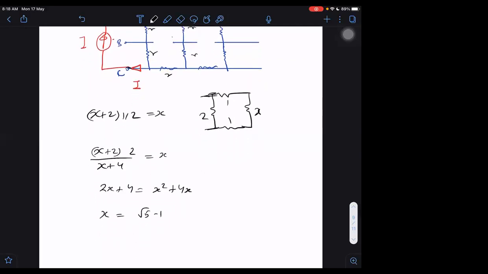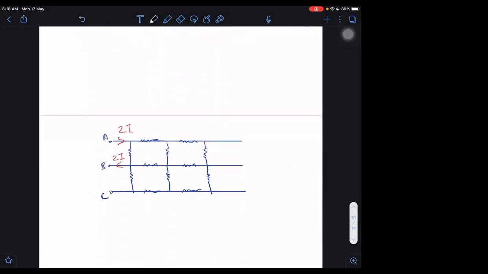So we are getting x from here, and then we can say what the battery would be here, which we are connecting: (root 5 minus 1) into I. Now, can we determine by the superposition theorem the currents here?